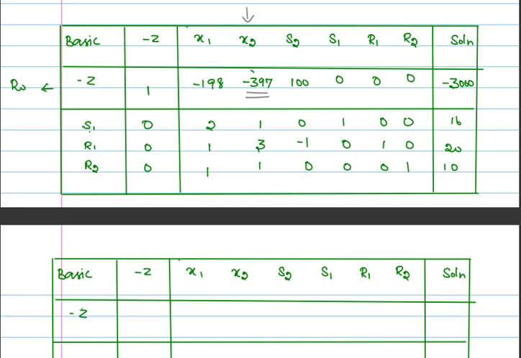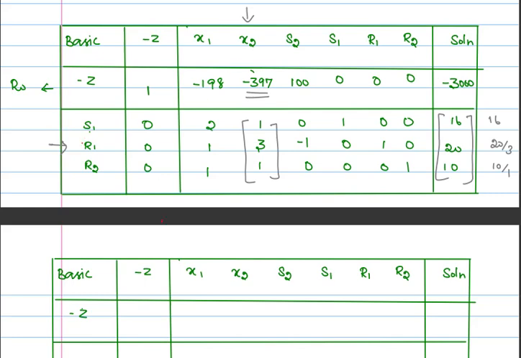I want to remove one of s1, r1, r2, so I divide the solution vector by this column. 16 divided by 1 gives a ratio of 16. 20 divided by 3. 10 divided by 1. Clearly the minimum ratio is 20 divided by 3, so r1 is the leaving variable.